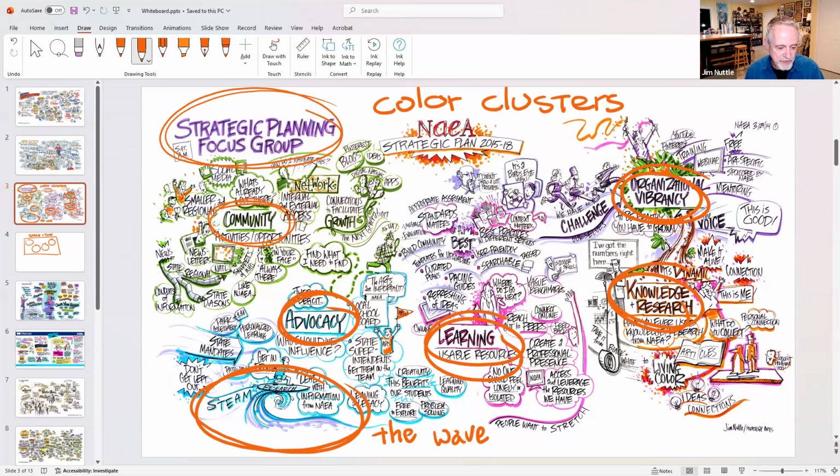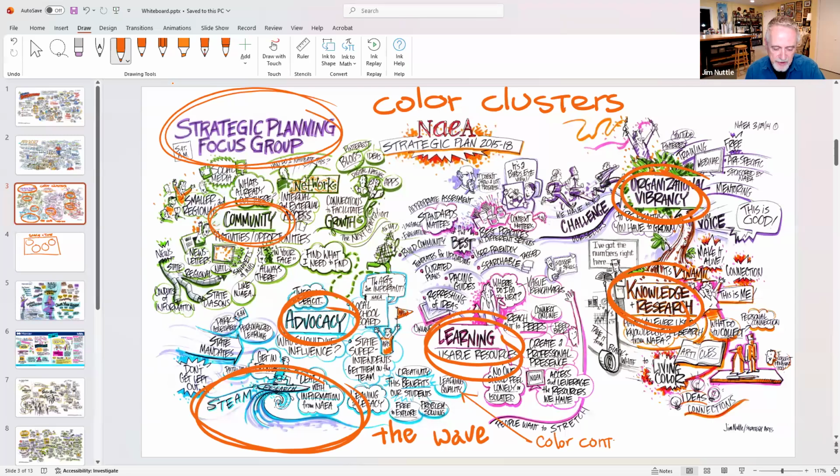So go add some visuals, use the cloud shapes, use circles to add that second color. And I think you'll also notice that even though each section is predominantly green, blue, magenta, orange, if you look over in community, there's some spots of orange in there.